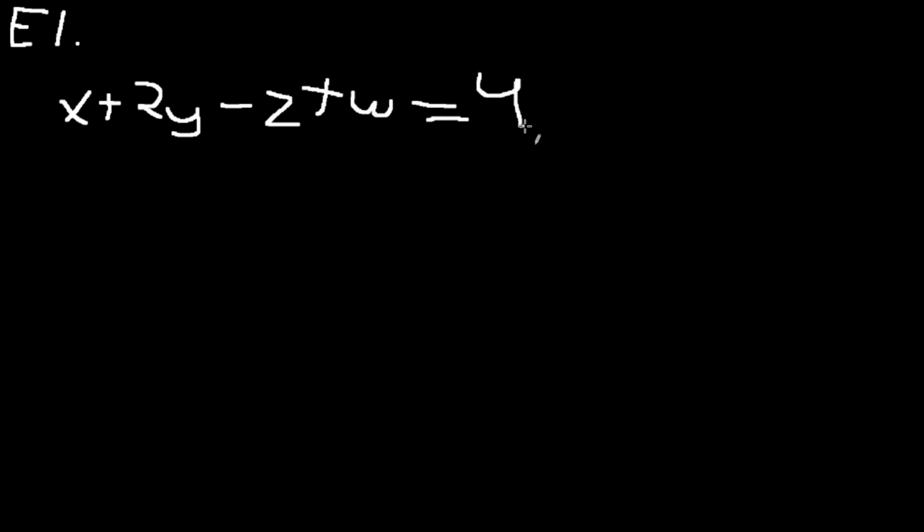Let's say we have this system and they want us to convert it to matrix form. We have x plus let's say 2y, minus z plus w, and we'll say equals 4.